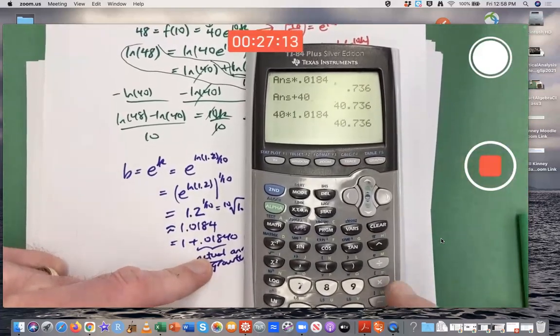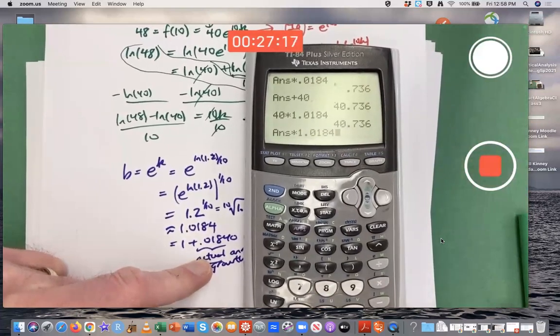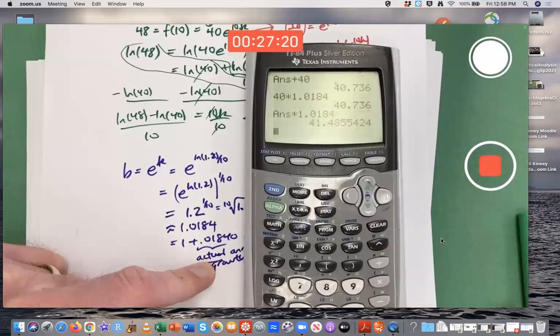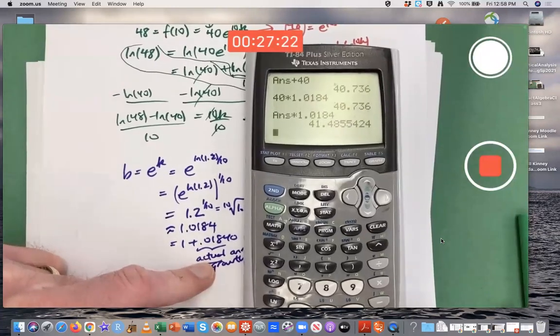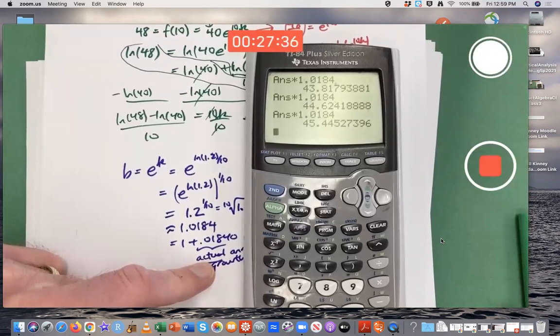And in fact, now every year, if the population really does grow by 1.84%, I can just keep multiplying by that number. There's the approximate population in the year 2002, 2003, 2004, 2005, 2006, 2007, and 2008. Oh, that was the wrong drum roll.